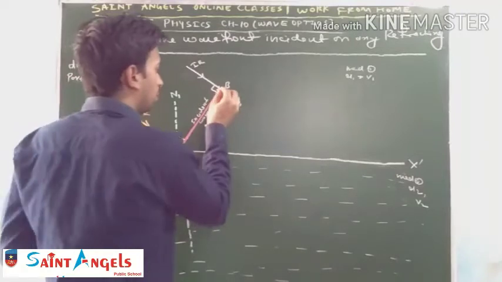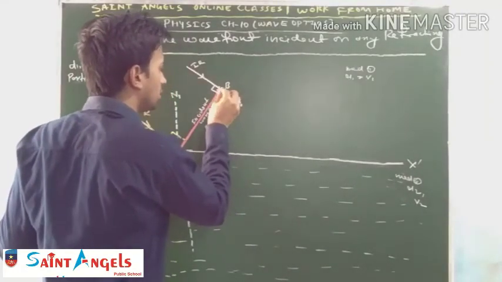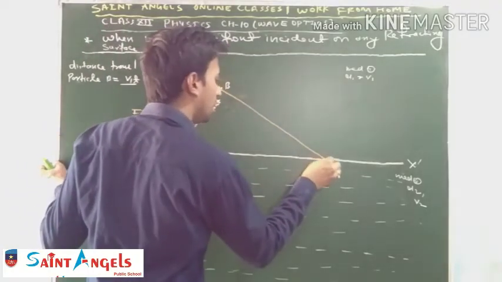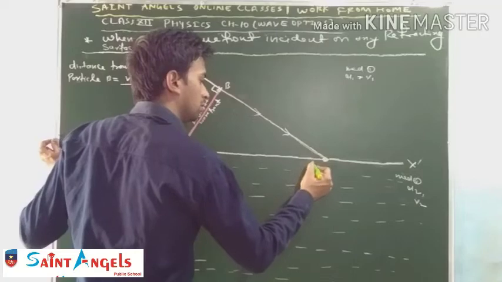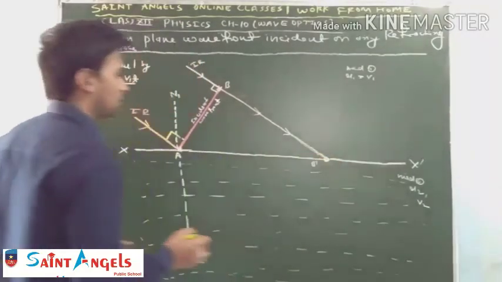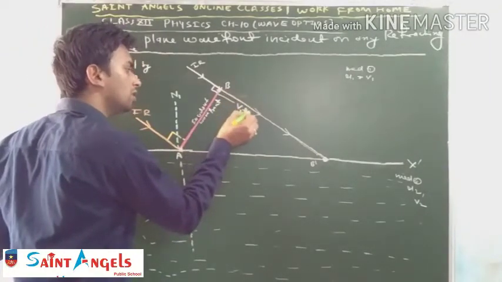Considering that by traveling a distance v1t, particle B reaches B dash.